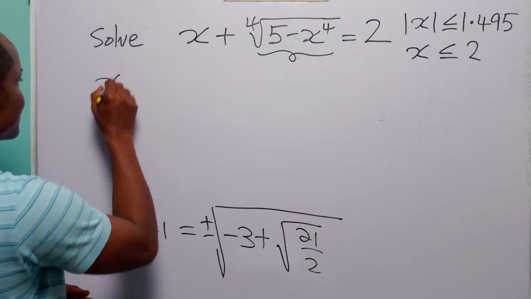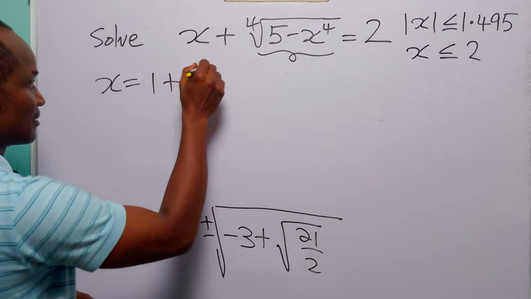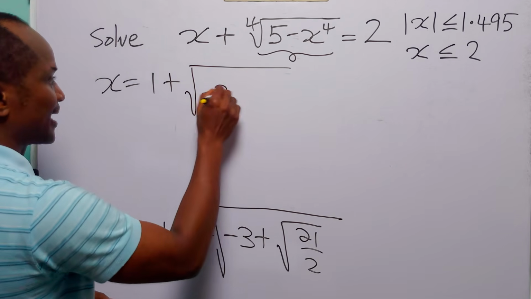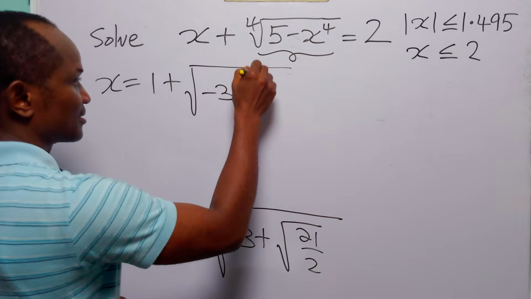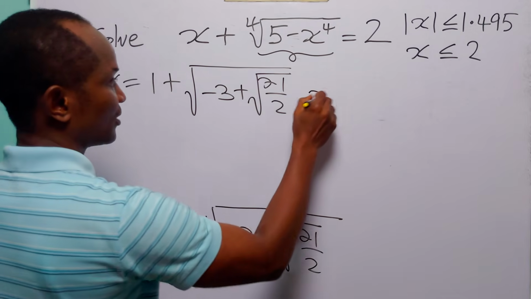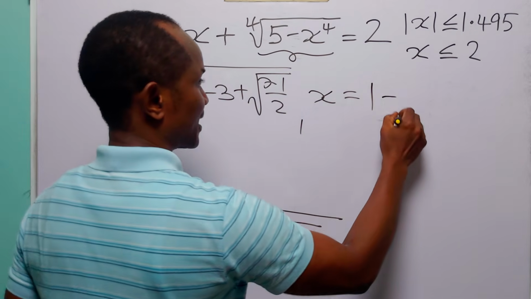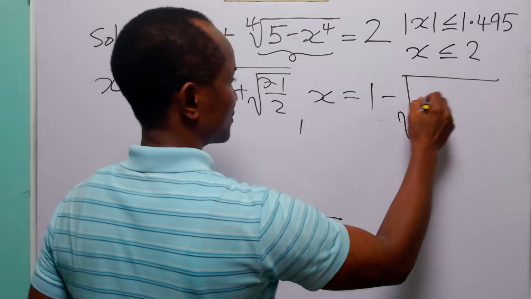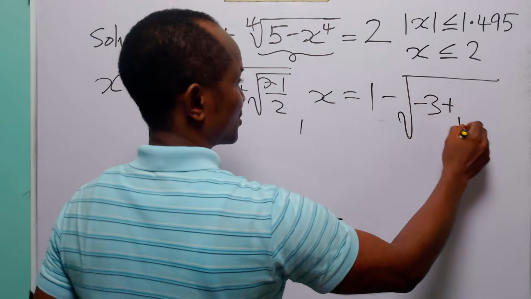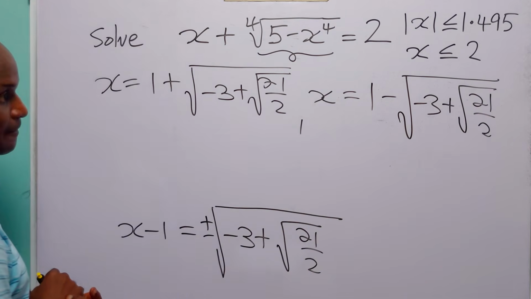We have that x is equal to 1 plus root minus 3 plus root 21 over 2, or x is equal to 1 minus root minus 3 plus root 21 over 2.